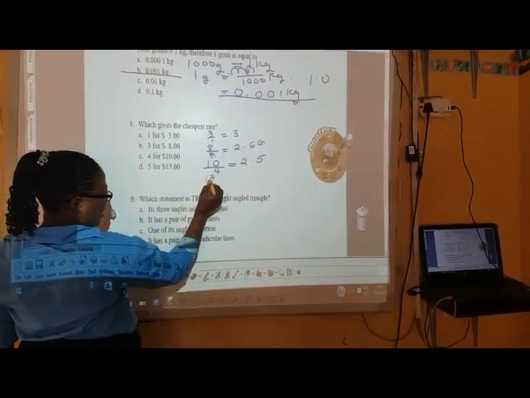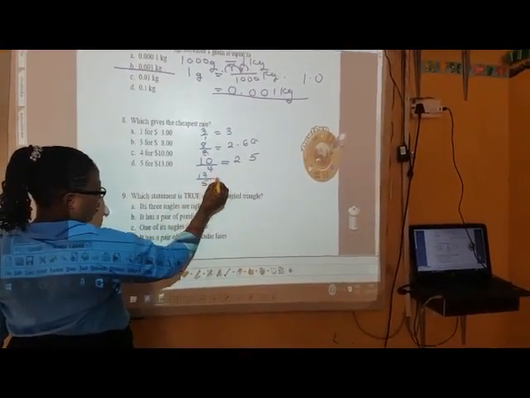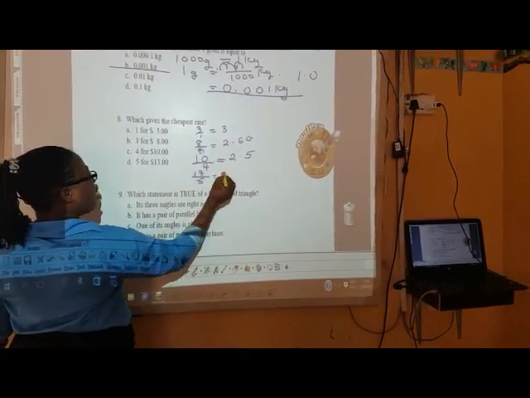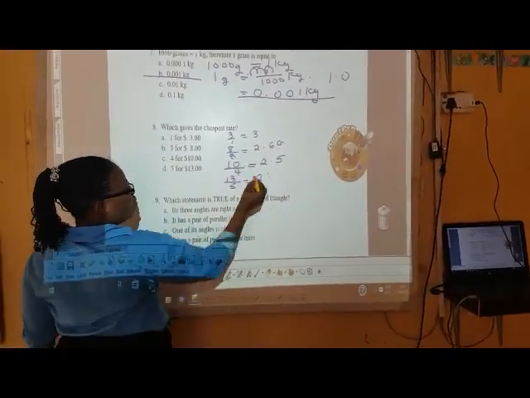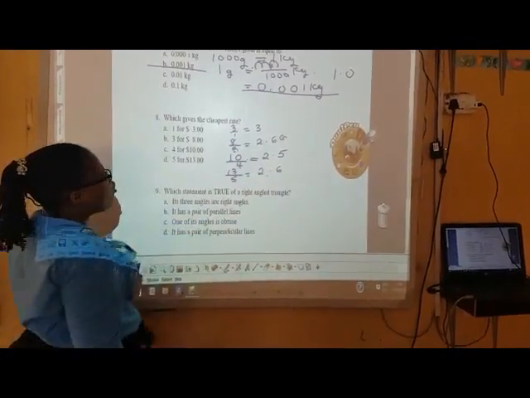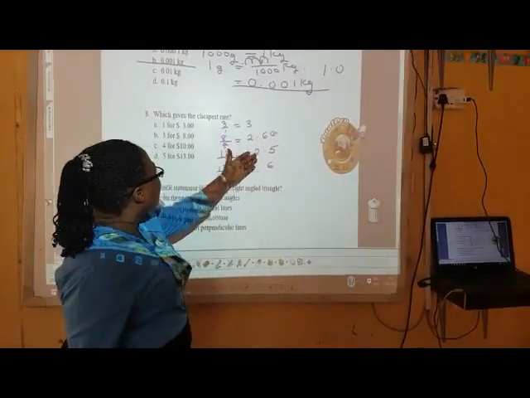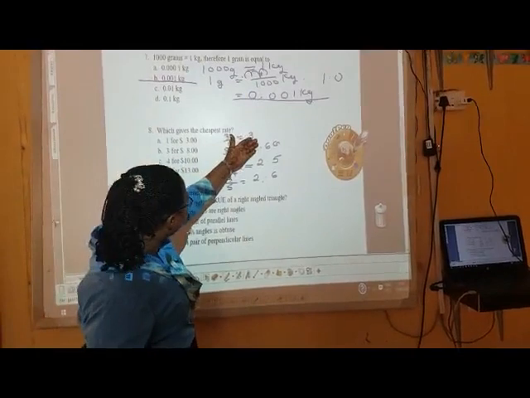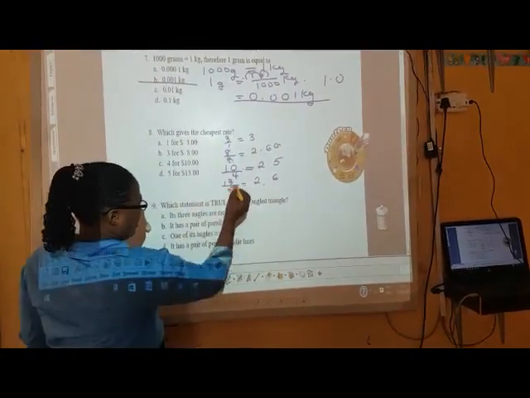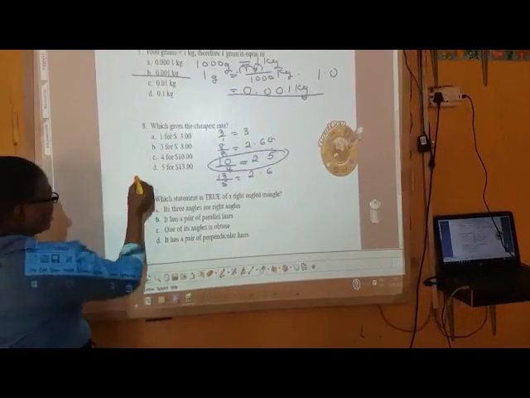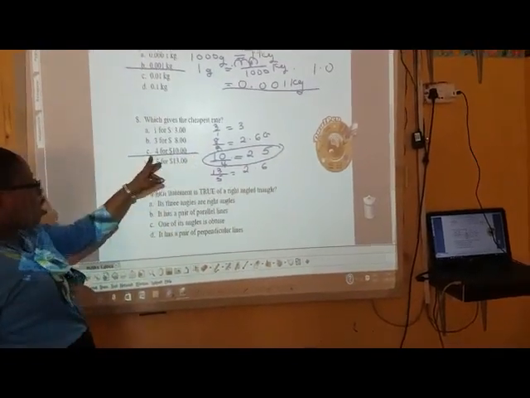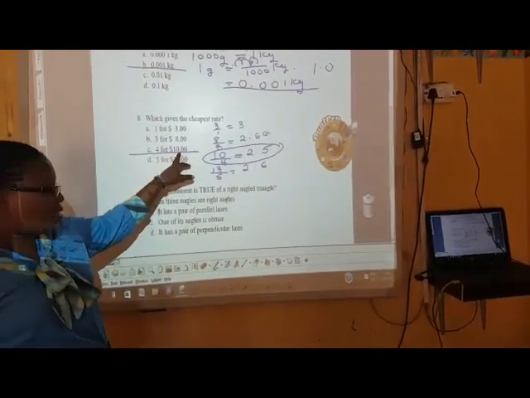That means 13 divided by 5. 5 goes in 13, we have 2, remainder 3. In 30, we have 6. So if we look at all this, we can see that the cheapest rate here is 2.5, and that is C. That means 4 for $10.